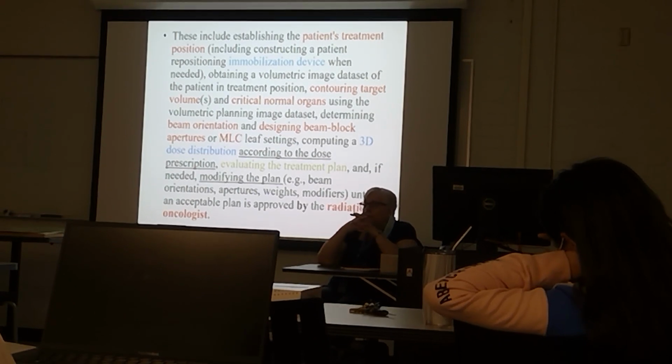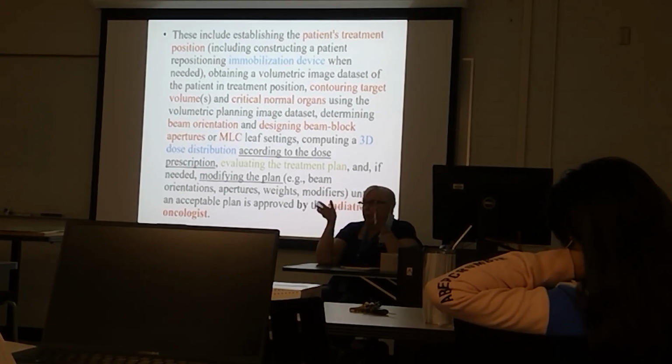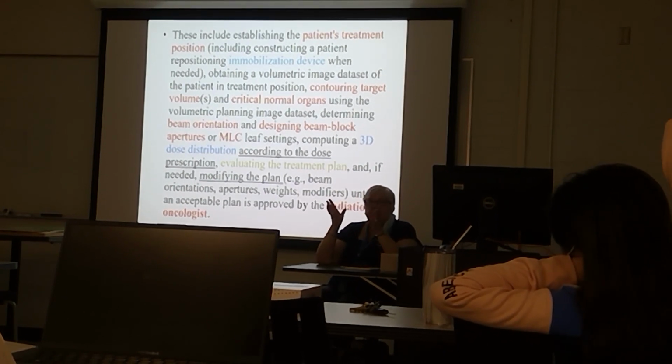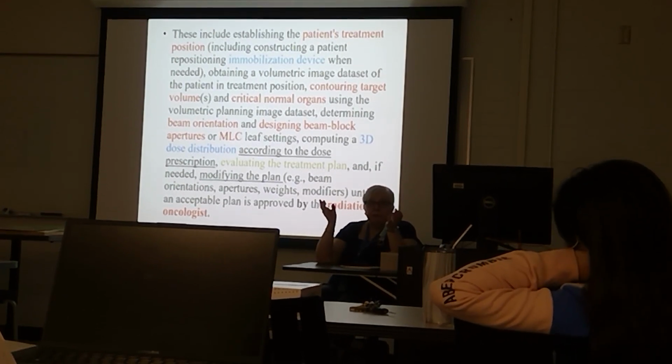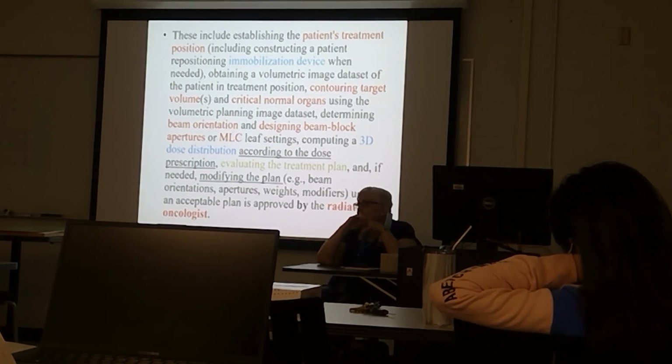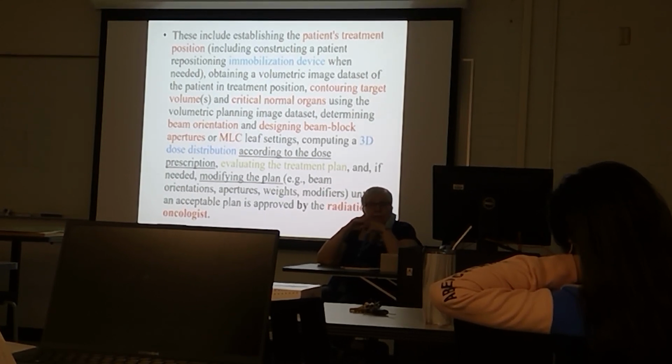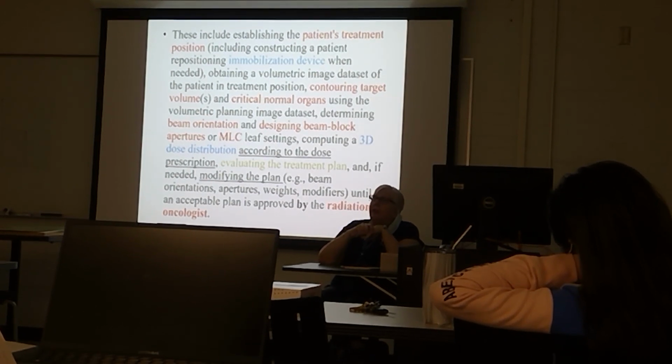Some physicians will say, I don't care, match the seeds. That's their choice. Some physicians will say match bony anatomy. I had a running argument with a physician at one point, which is probably why I left. Anyway, CBCT is not meant to align bony anatomy.